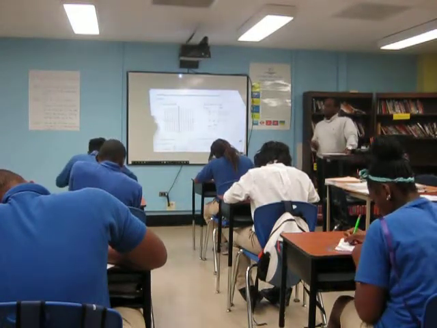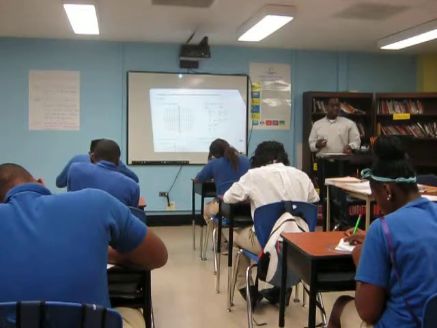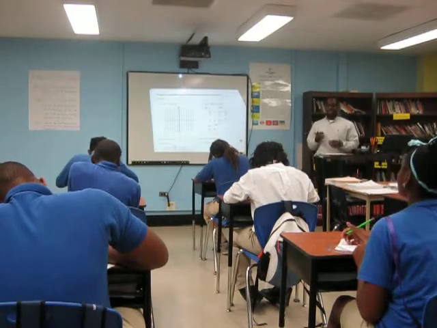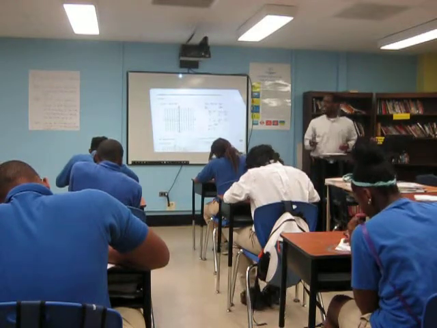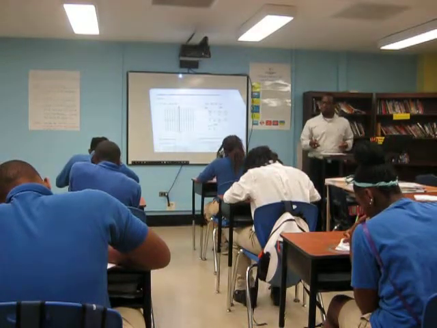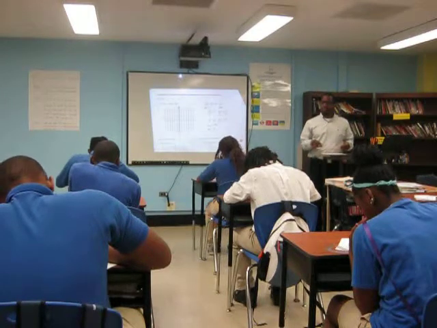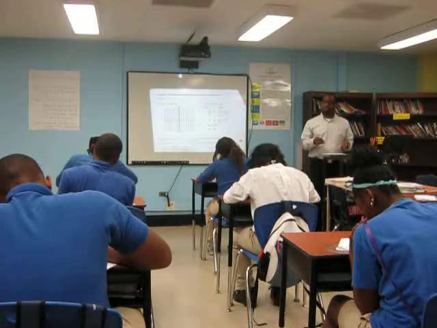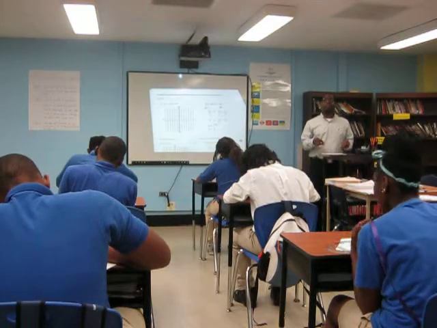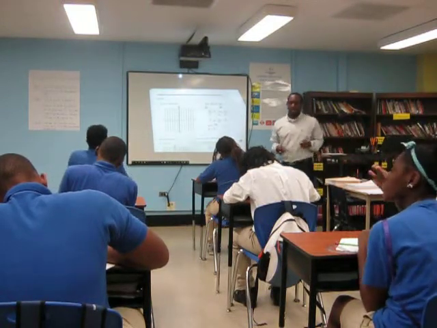Now, I see a lot of people figure this one out already, but what type of line do I need? Do I need a solid line or a dashed line? What type of line, Nigel? A solid line. Why is it a solid line? Look at my inequality symbol.